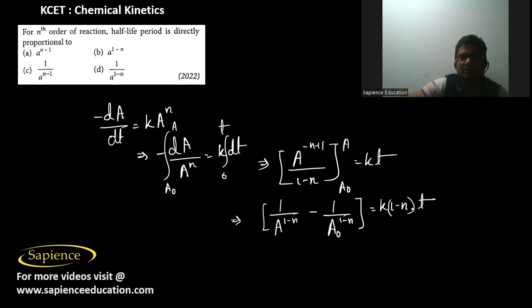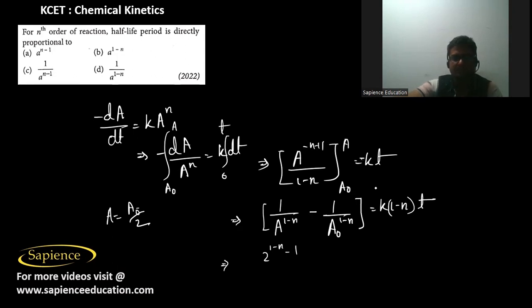So now the half-life, at which a equals a naught by 2, then it will come a naught by 2. So it will be 2 raised to 1 minus n minus 1, a naught by 2.